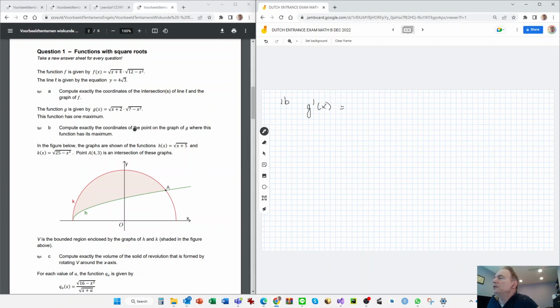and use the rule that if you have two functions whose product you differentiate, the derivative is f times g prime plus f prime times g.